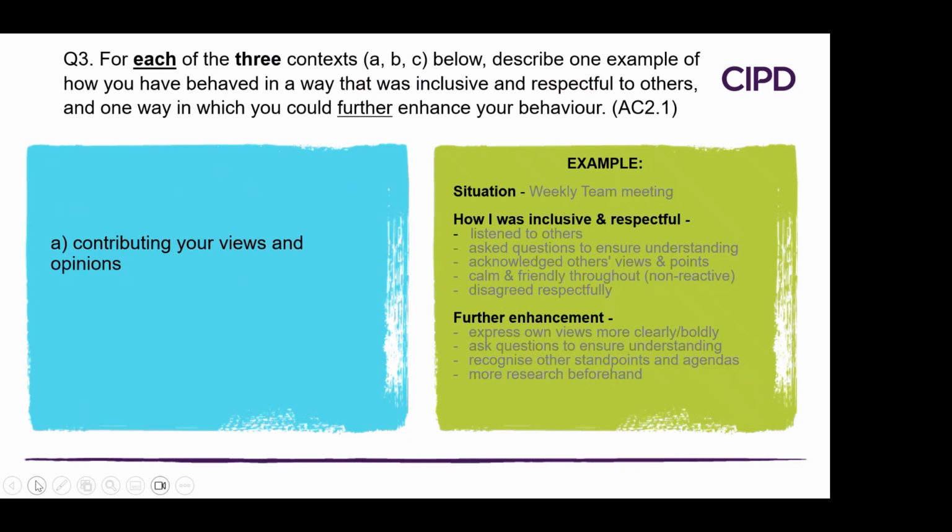Perhaps I was very careful to acknowledge others' views and points, not to ignore what other people were saying or to just take their point and reuse it, but to acknowledge other people's contributions. Maybe I stayed calm and friendly throughout. Maybe if I disagreed with something, I didn't react. I was calm and friendly, and I disagreed in a respectful way. So think about your example. Think about how you're inclusive and respectful.